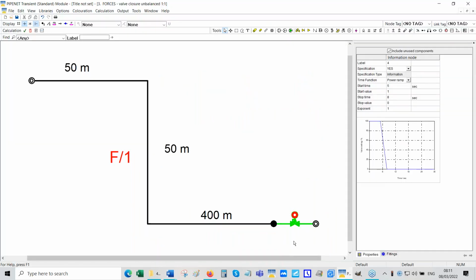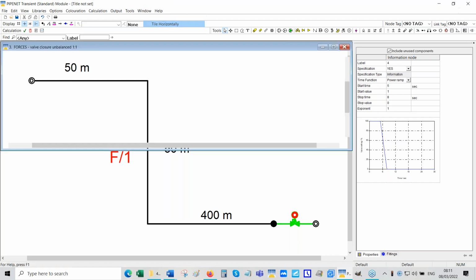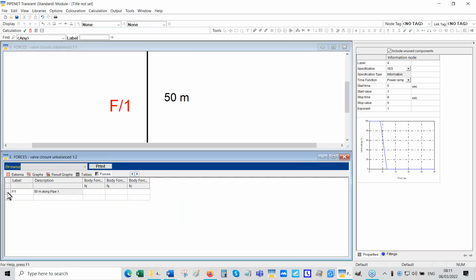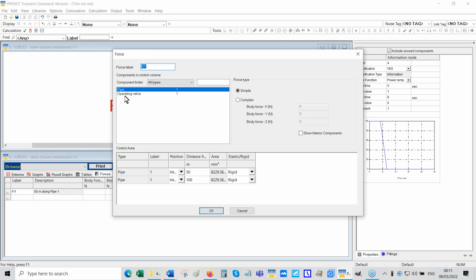Go back to PIPENET and check the definition of the force. See, the definition of the force is the same because we're considering the unbalanced force on that pipe. What we want to consider is the value of the force at different points in time.